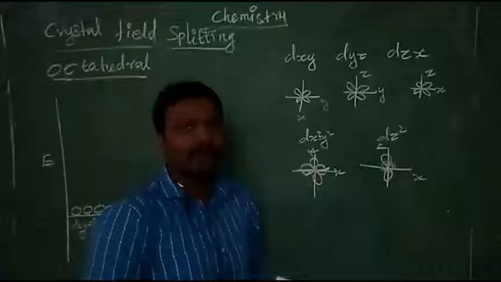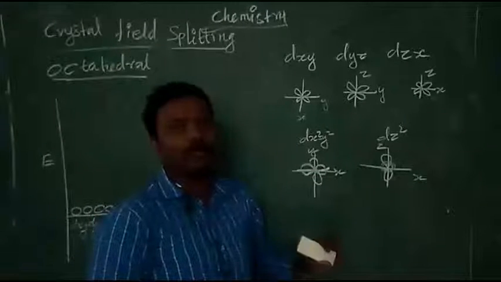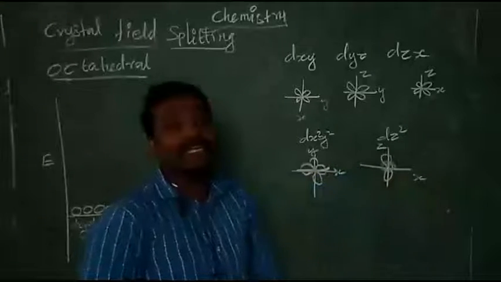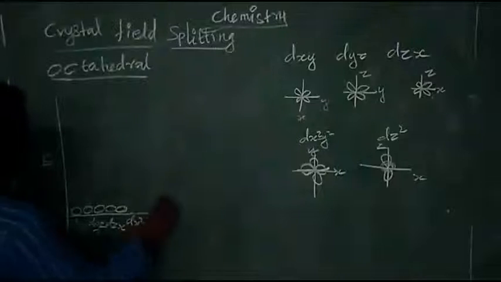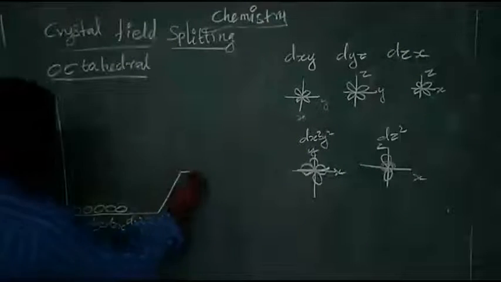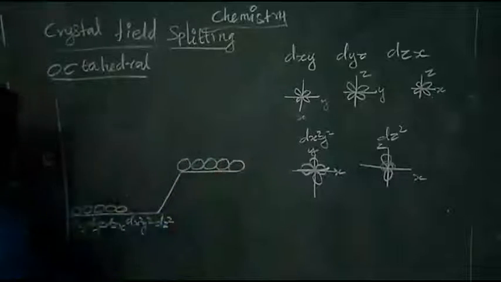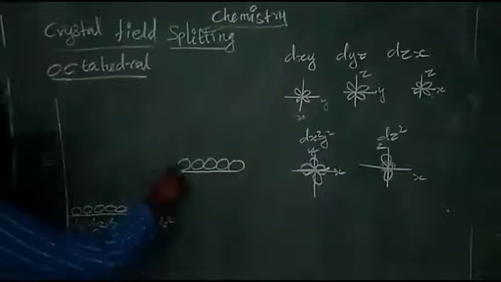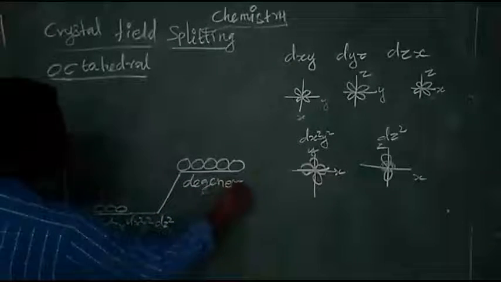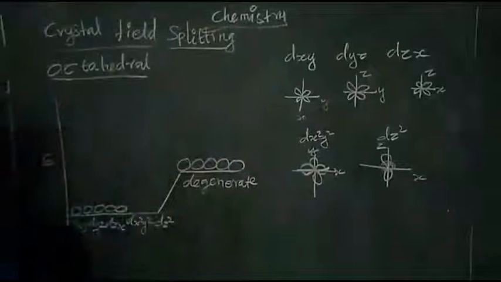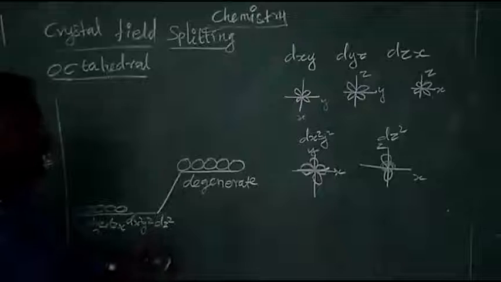Third point, we have studied that the isolated gaseous state orbitals undergo degeneration. So this ground state orbital undergoes degeneration, and now we get degenerate orbitals: dxy, dyz, dzx, dx squared y squared, dz squared.